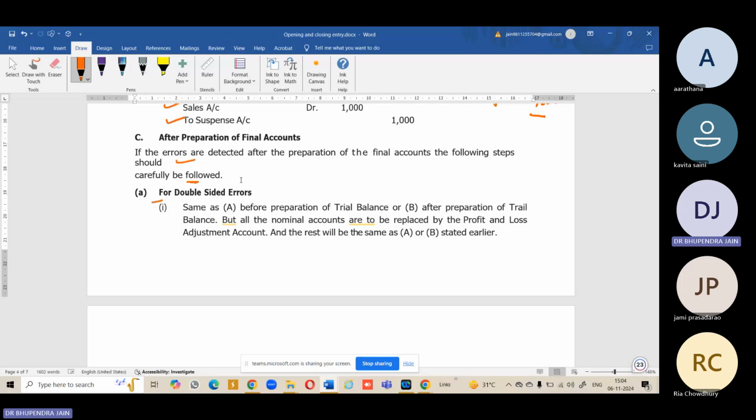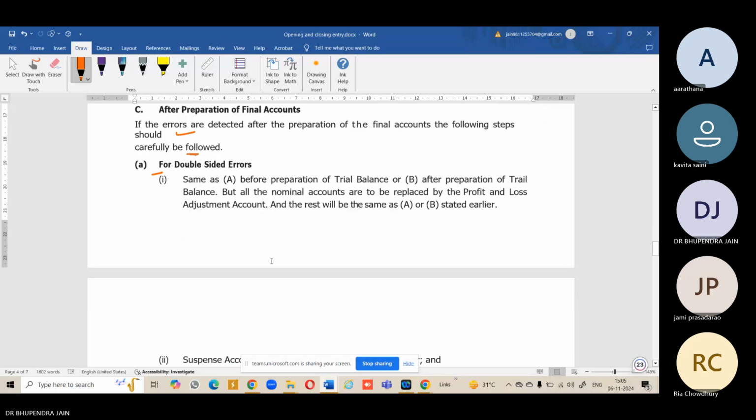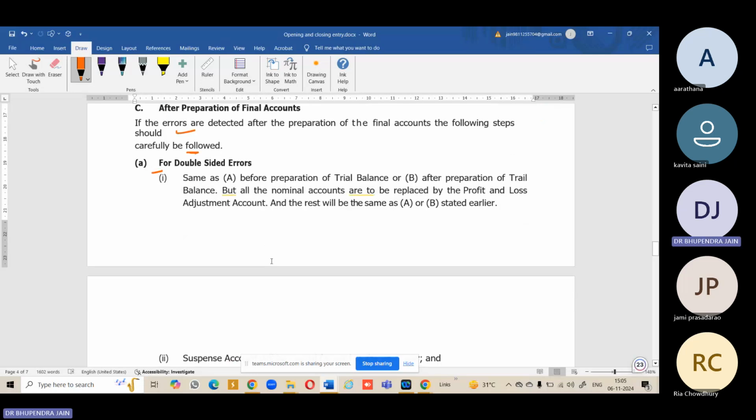Double side or again single side? Double side is the same as before preparation or after preparation of trial balance. Same as A, before preparation of trial balance, same as B, after preparation of trial balance. Clear? That means what? Wrong, correct, and rectify.